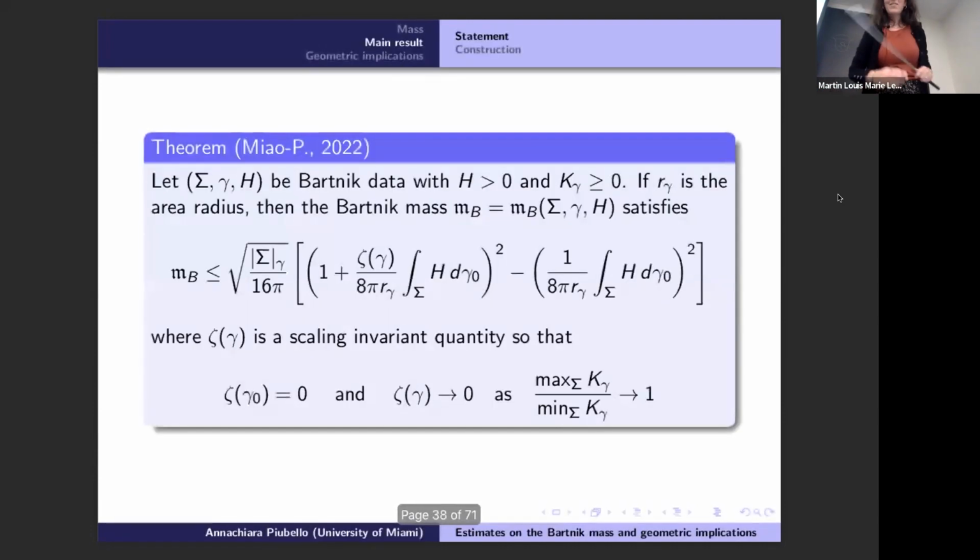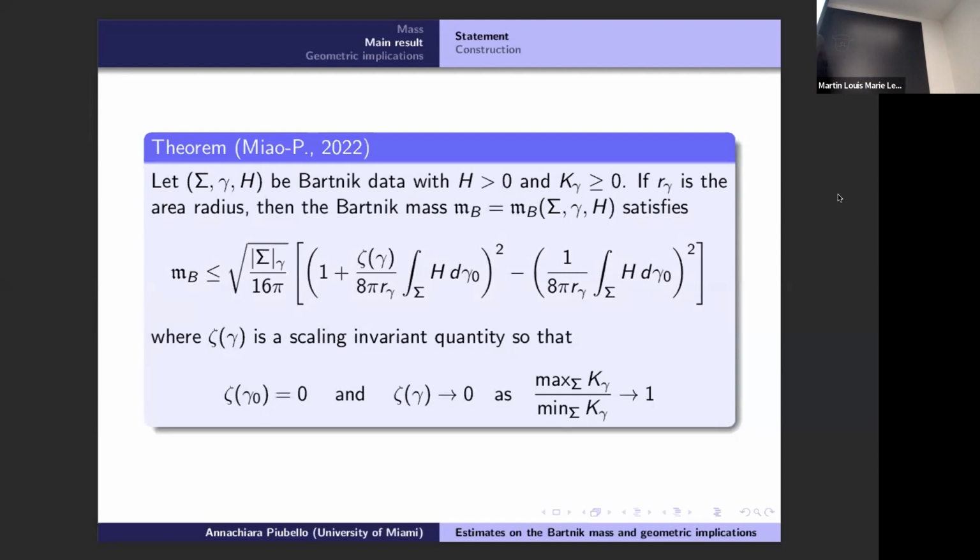Can you also just think of this data as being a function of the ratio? I'm going to talk about it in detail when we go into the construction. In fact, in the first part of the construction, I will just show how to get the estimate shown here, and then I will take some time to look at this quantity and what kind of estimate we can get for this zeta gamma function.